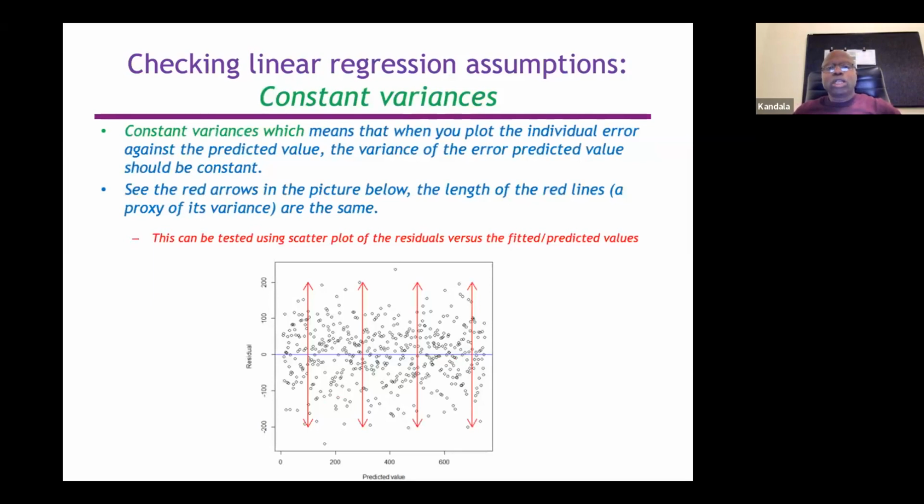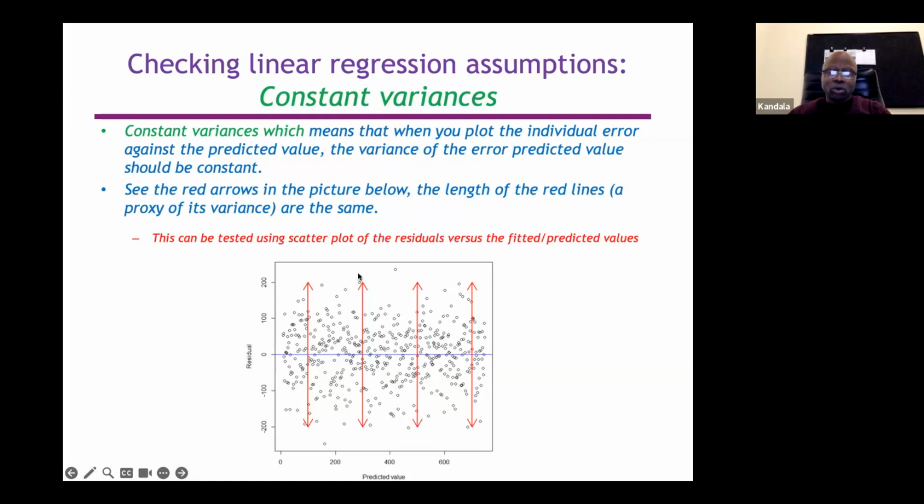So checking also the linear assumption in terms of variance, I think we mentioned this before, the constant variance. So variation needs to be constant, and this usually has to do with the residuals. You can see here, very simple and straightforward, this is 0, positive and negative residuals.